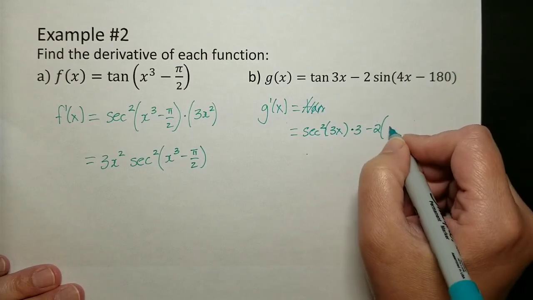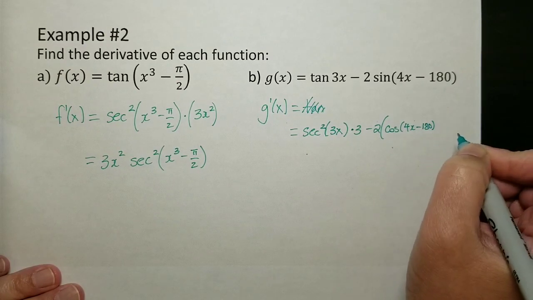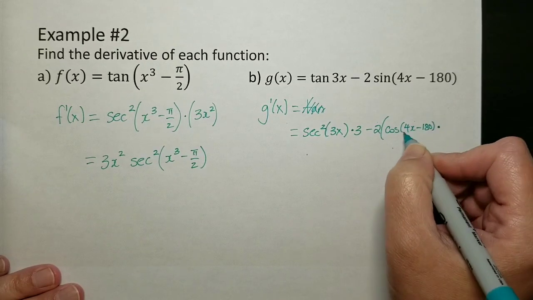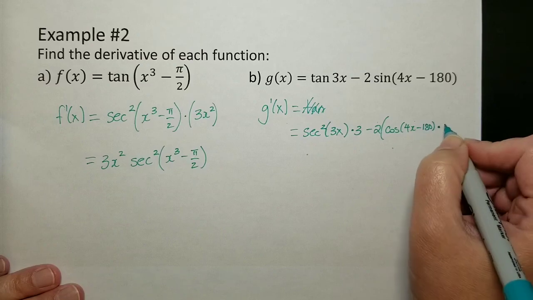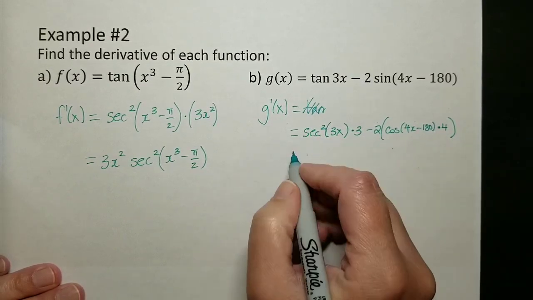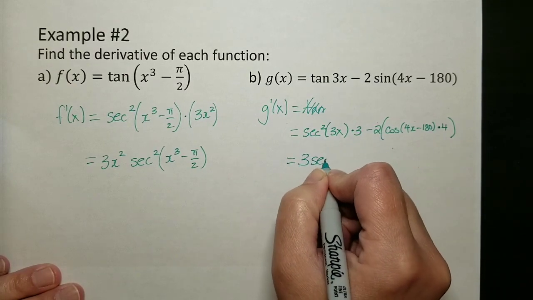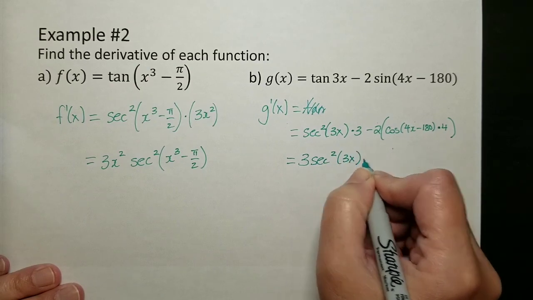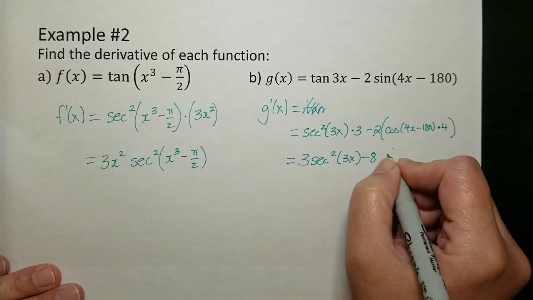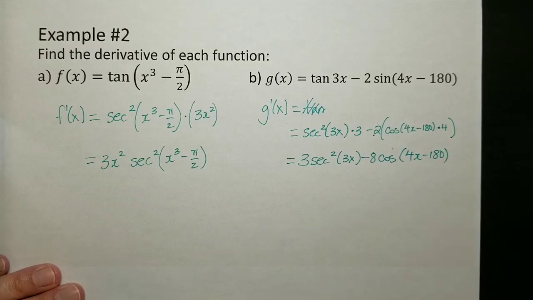The derivative of sine is cos, so I have cos 4x minus 180, keeping the angle the same, then multiply by the derivative of the angle. The derivative of 4x minus 180 is 4. Pop those derivatives of the angles out front because they're coefficients, not part of your angle. So I get 3 secant squared 3x. And then this 4 is going to multiply with the 2 coefficient and have minus 8 cos 4x minus 180.